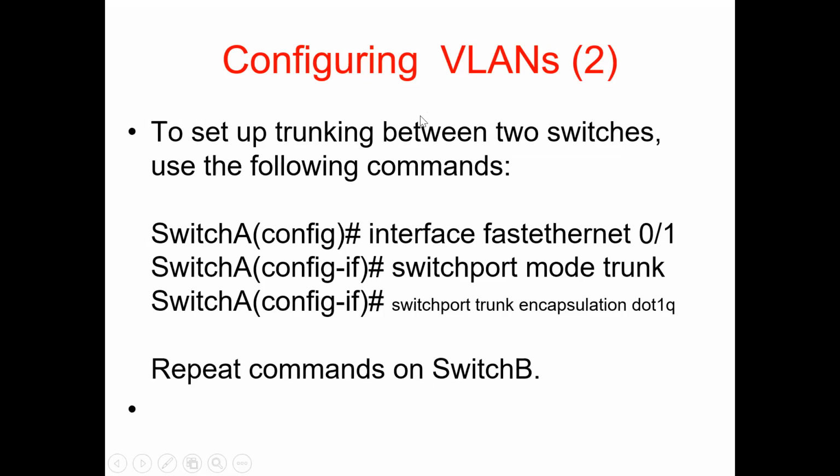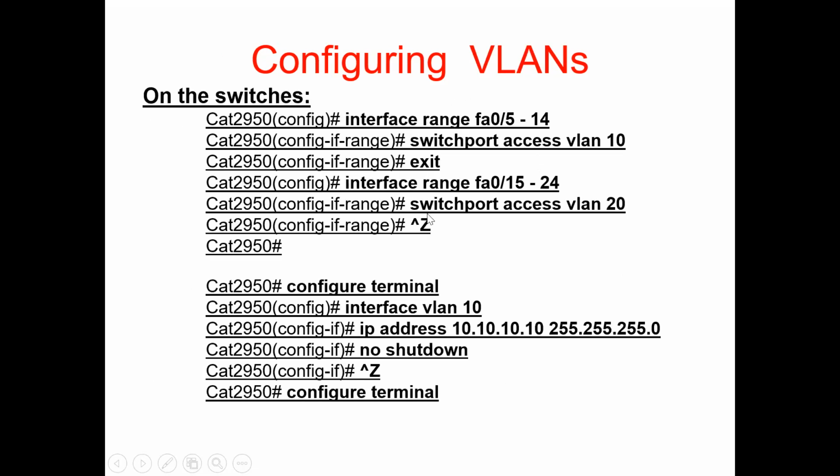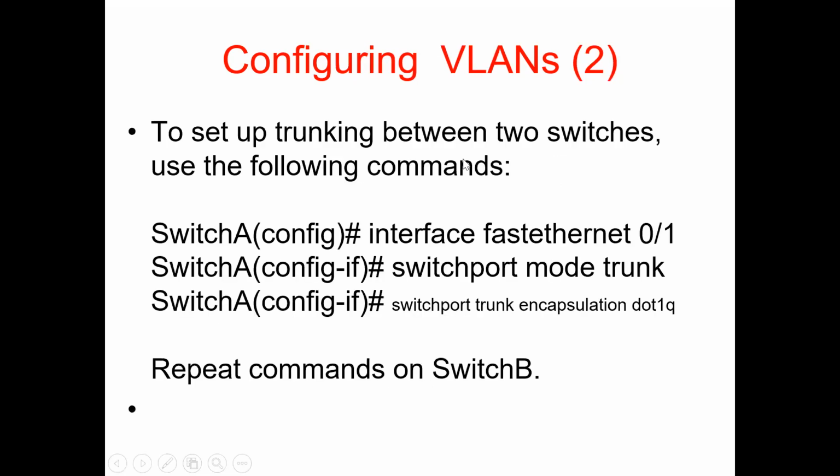Now the next thing. What we've seen are edge ports. Now how do we configure trunk ports, so that you can, for example, implement a management network? We do that by doing the normal thing.